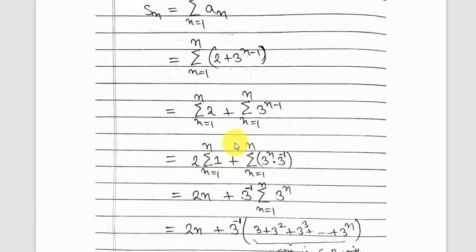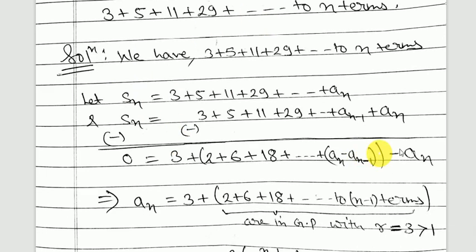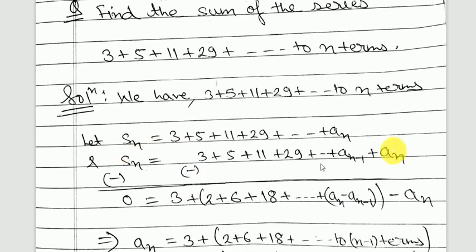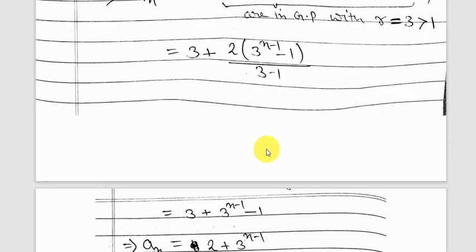So whenever you get any question of this type, this is how we find the nth term, where you write the Sn, then Sn leaving one space, and then you subtract. And in a few series, you can easily make out the nth term.